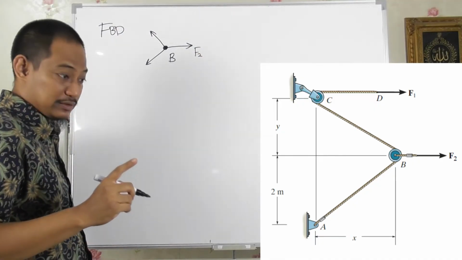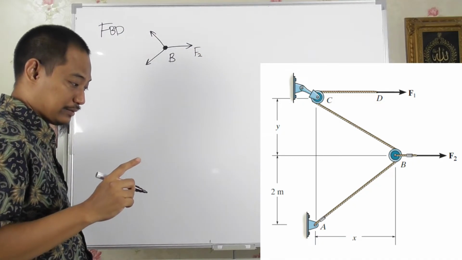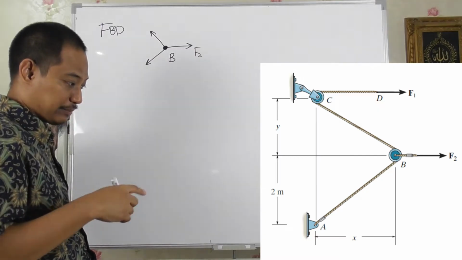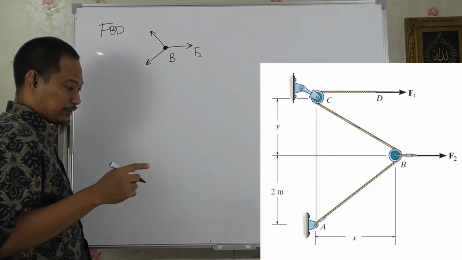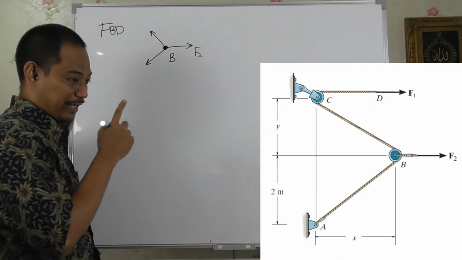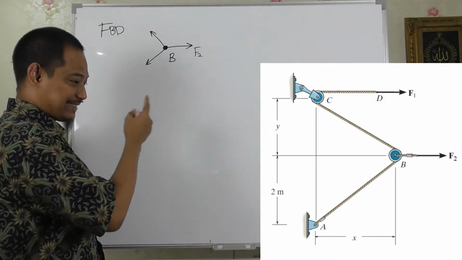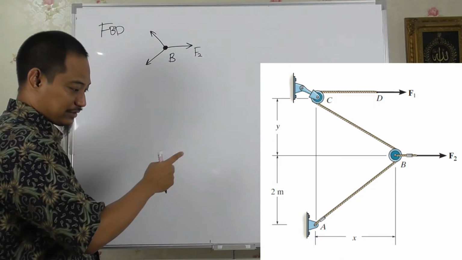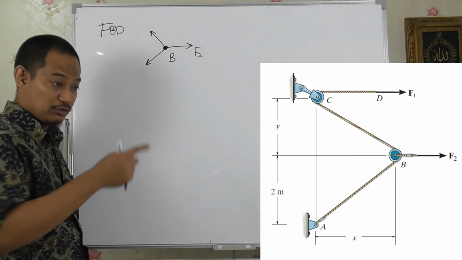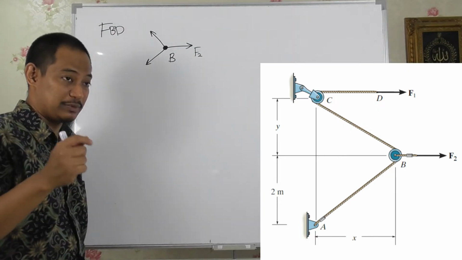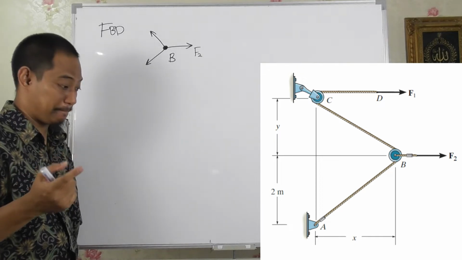Next, the crucial part in terms of understanding pulley and cable, right? So if you can see from F1, it goes to point C, and then it goes to point B, and then it goes to point A, right? So all of those are the same cable, meaning when it is the same cable, the tension is the same, right?